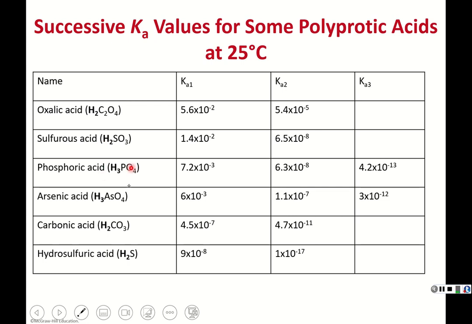You have phosphoric acid that we showed on the previous slide, arsenic acid, carbonic acid, and hydrosulfuric acid, H2S. You'll notice that the Ka2s are all lower, and quite a bit lower actually, than Ka1s. And then Ka3 even lower still.